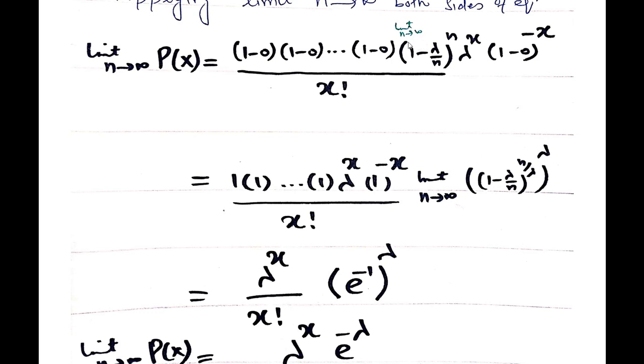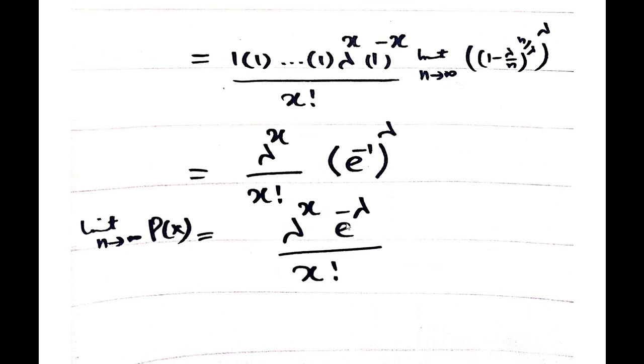For the limit as n approaches infinity of 1 minus lambda over n, we multiply and divide by lambda, so we write it as n over lambda with lambda as the power. When applying the limit, this relationship is equal to e raised to the power minus 1 whole power lambda.